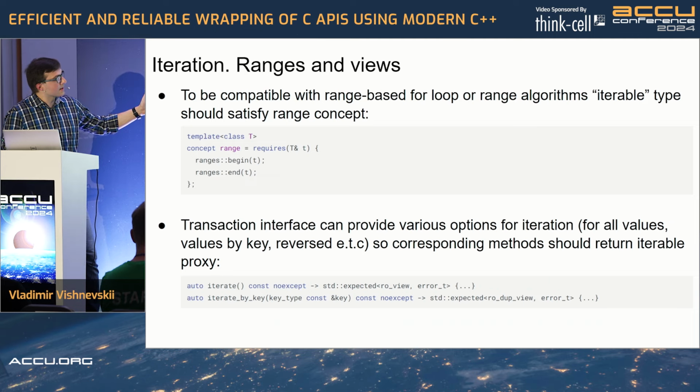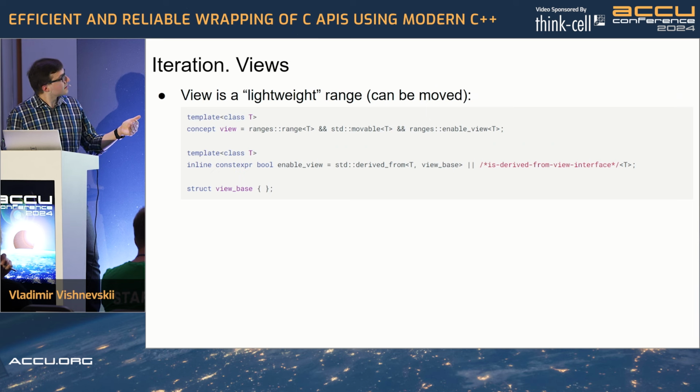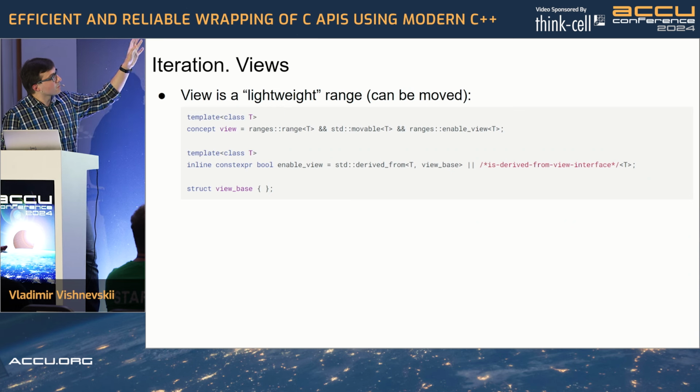Ranges can be helpful because, again, we can then use our code with range-based algorithms and range-based loops, for example. And again, we also have the concepts to describe what a range should look like. It's also helpful because it serves as documentation to some extent.